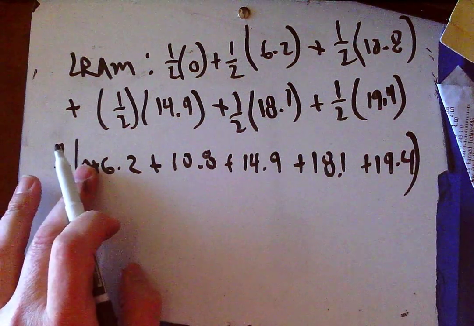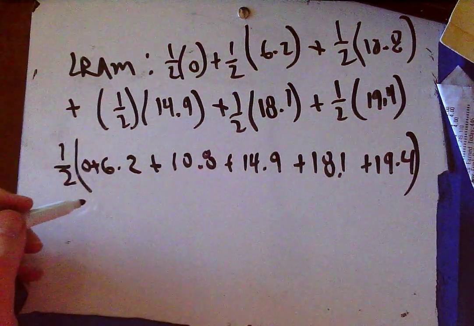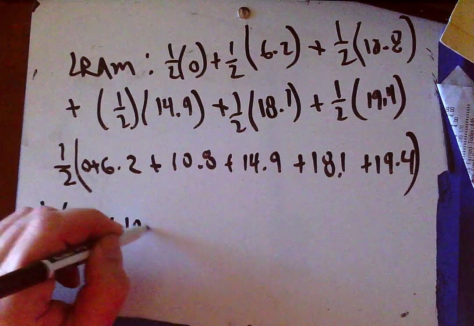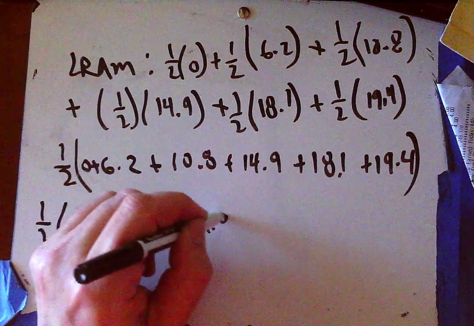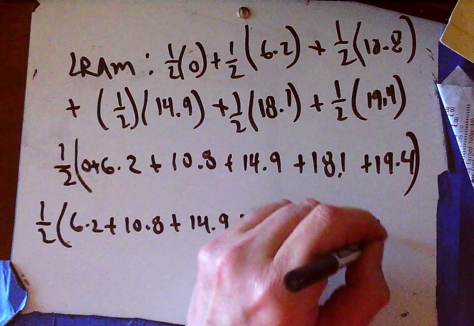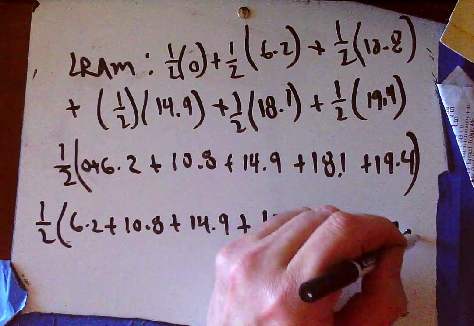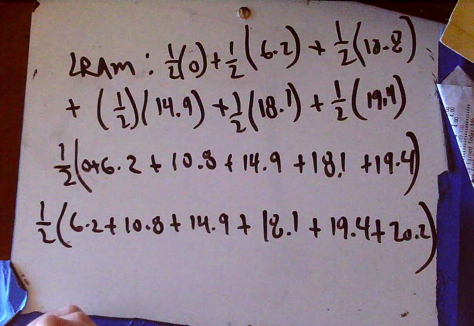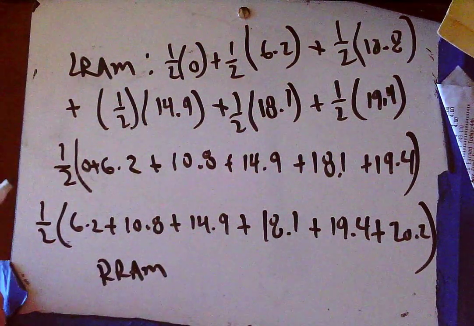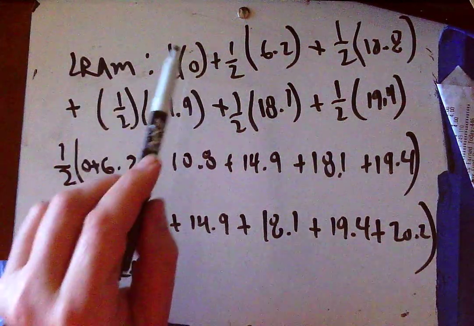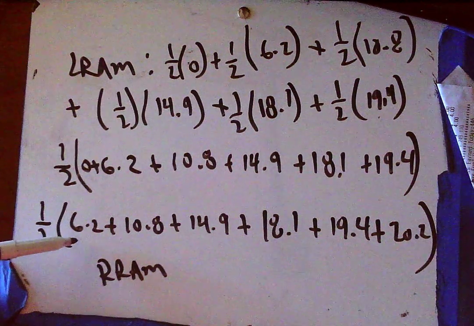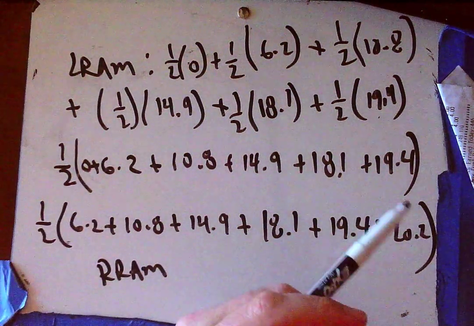We do use the last height, 20.2. So 1/2, 6.2 plus 10.8 plus 14.9 plus 18.1 plus 19.4, and then the last height, 20.2. So this is going to be RRAM.